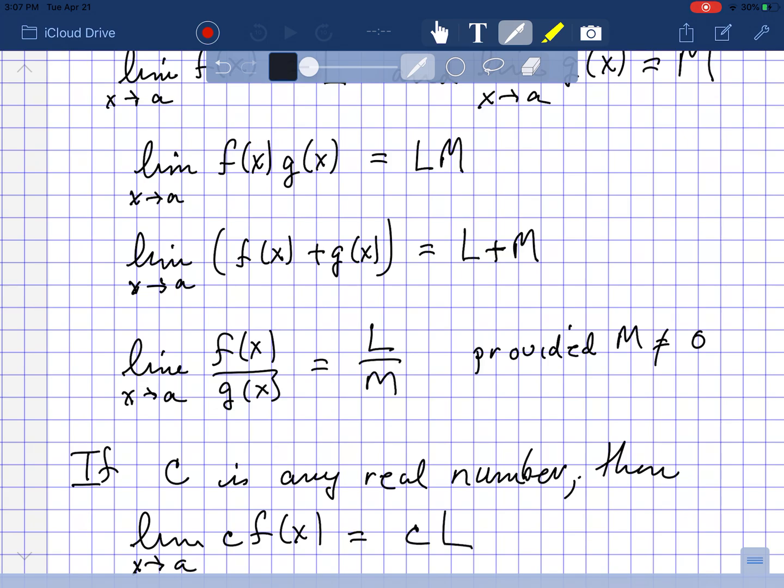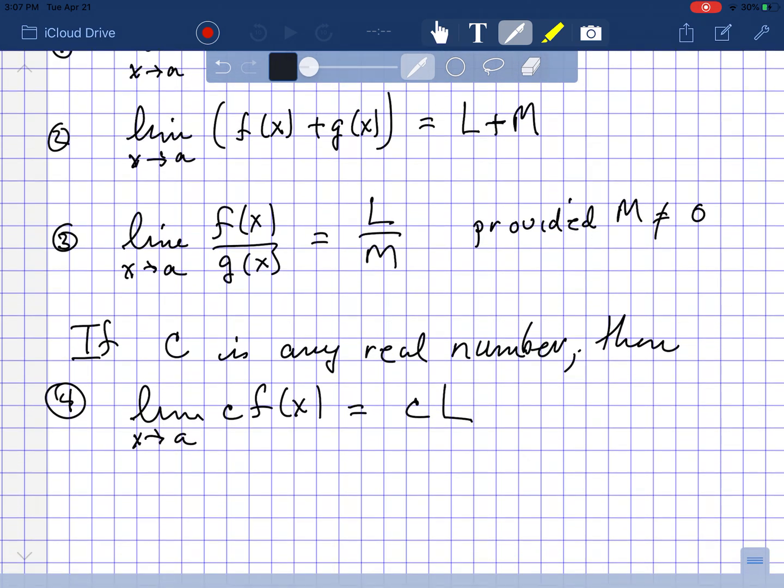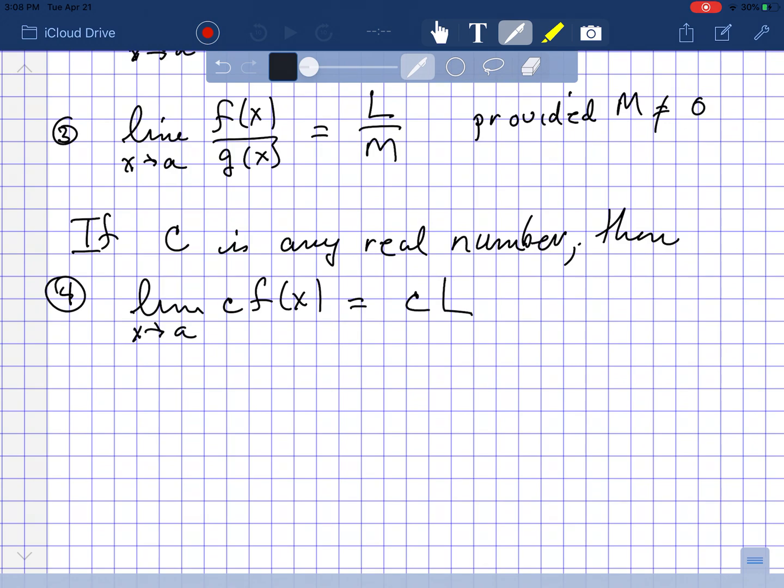Okay, so we have 4 limit laws here. And there are 2 others that I want to mention. And they're the following.